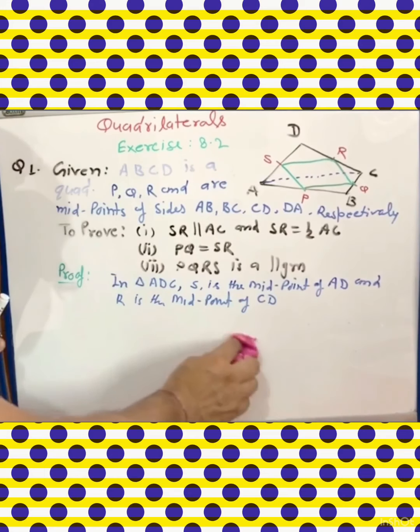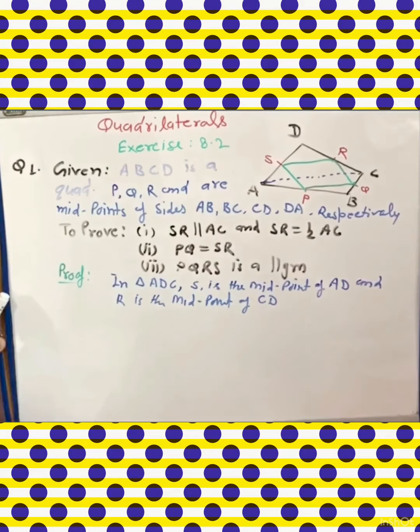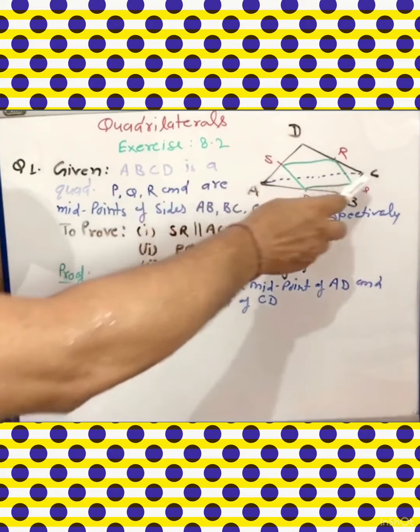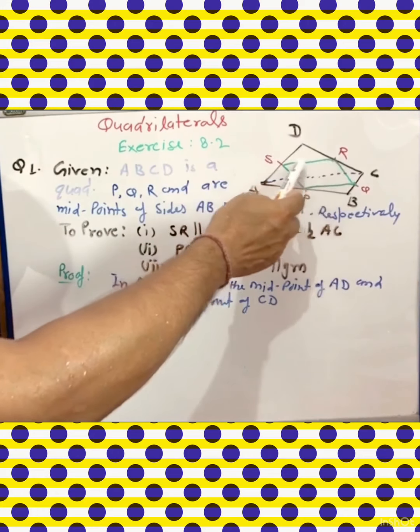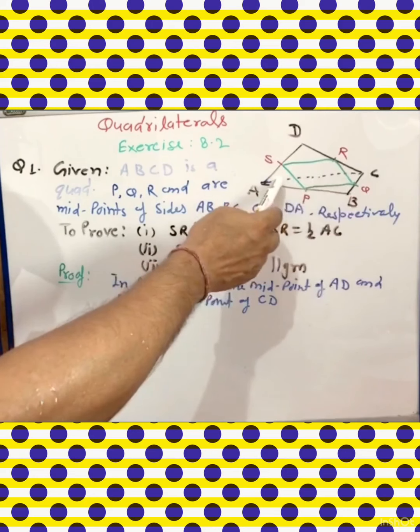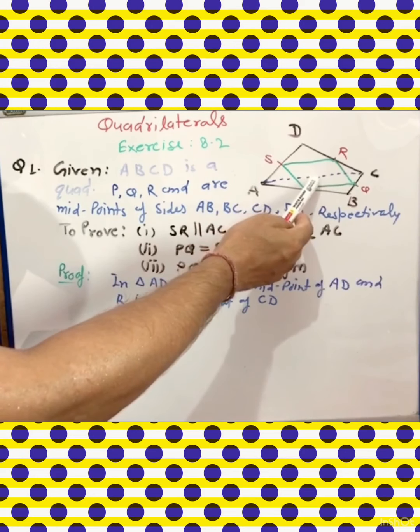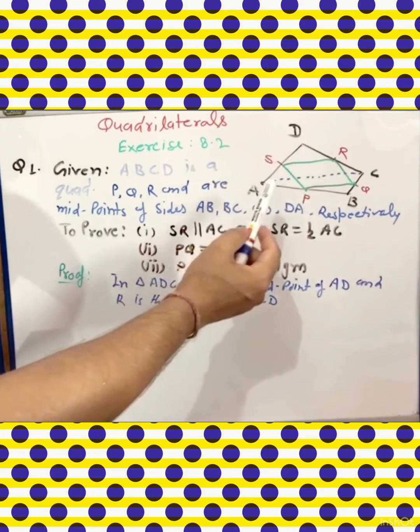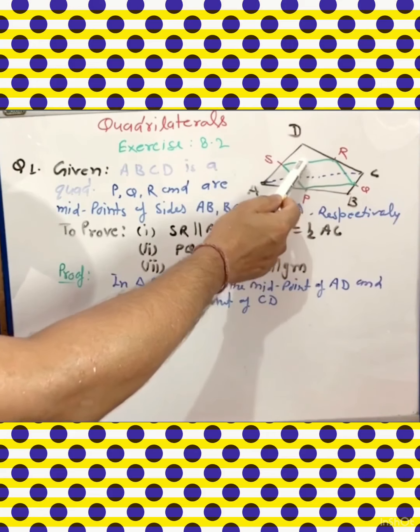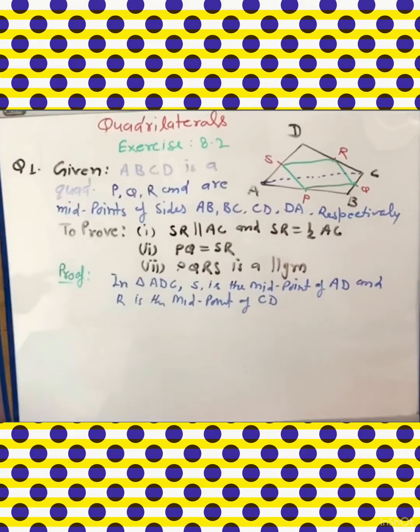You can see here, this is triangle ACD and this is SR, the second baseline. It means the baseline is half of AC and SR is also parallel to AC.